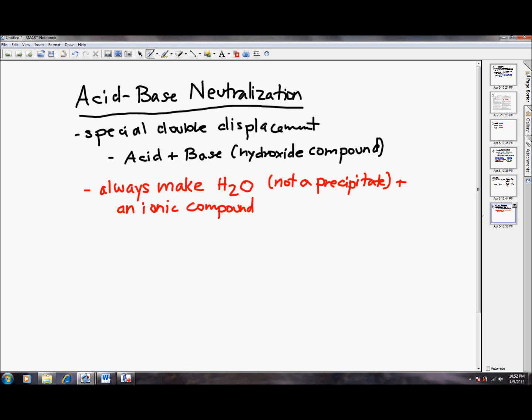Alright, so let's look at the general form. General form is H, A. Okay, so this is the acid, and then whatever the acid is bonded to, plus B, OH. Okay, what happens is that the H and the B will still switch places.